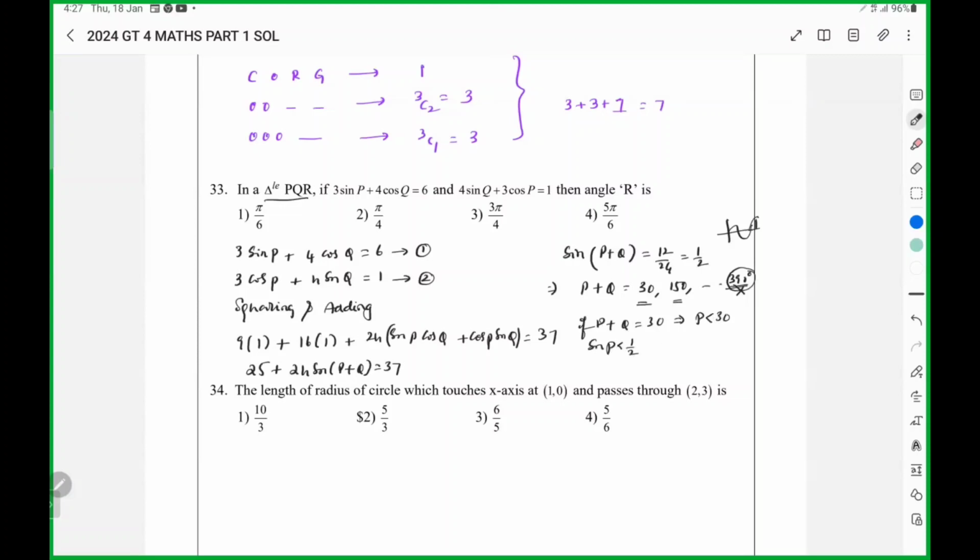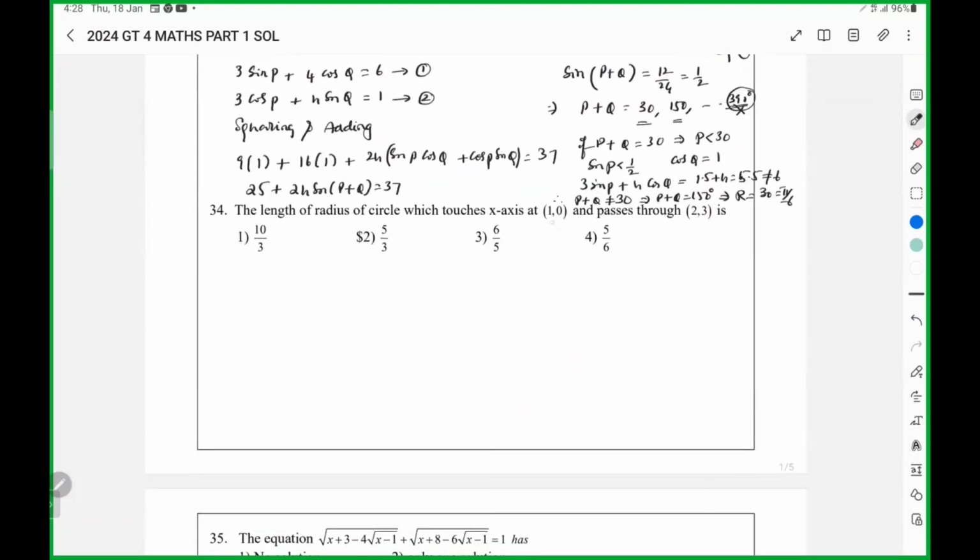That means sin P will be less than half. Even Q, whatever it may be, the maximum possible is 1. So then 3 sin P plus 4 cos Q, the maximum case is 1.5 plus 4, 5.5, which cannot be 6. So therefore, P plus Q can't be 30. P plus Q is 150, which implies R is 30, which is pi by 6.